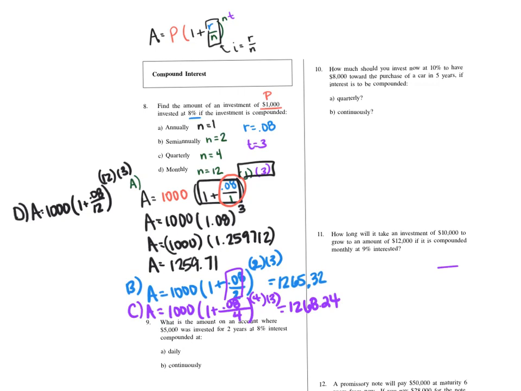Leave that number as it is in your calculator and multiply it by 1,000. And I get this amount right here. A is equal to $1,270.24. So notice your money grew, but it didn't grow as much as you would think it would. And that's because this periodic rate is a lot smaller as you're increasing the number of compounds.